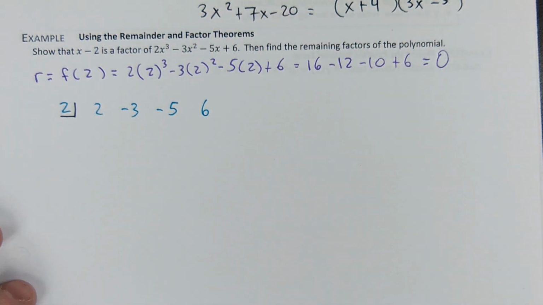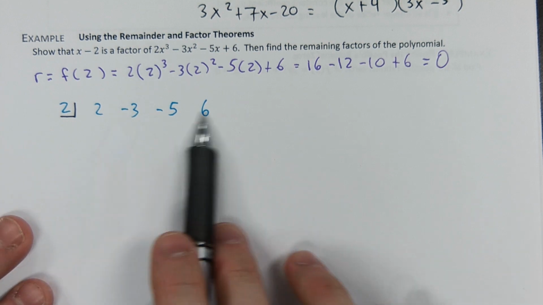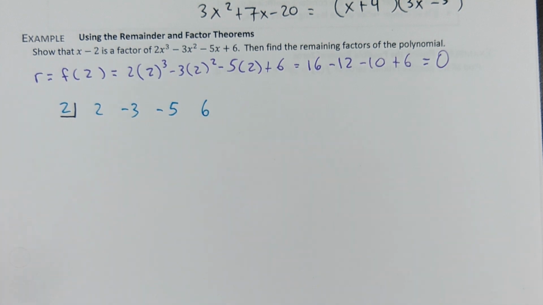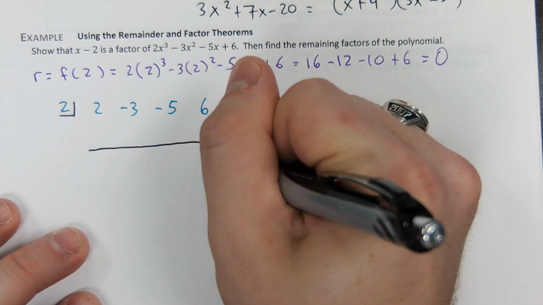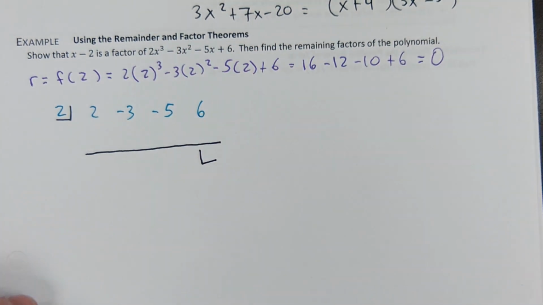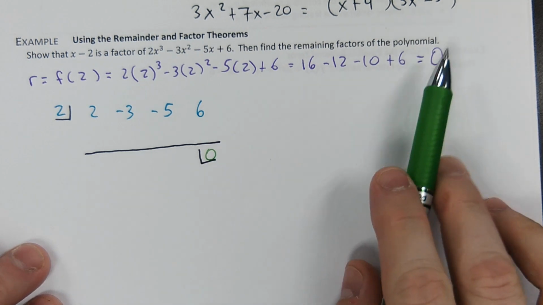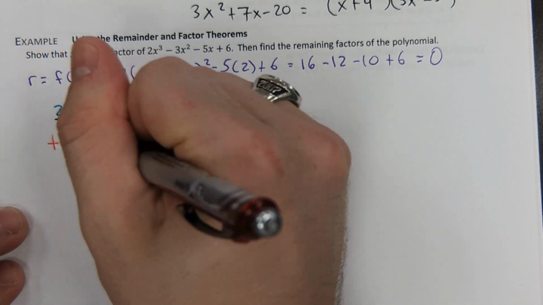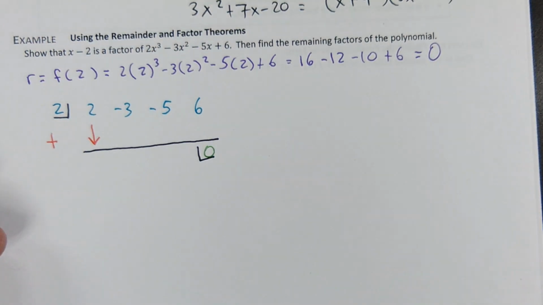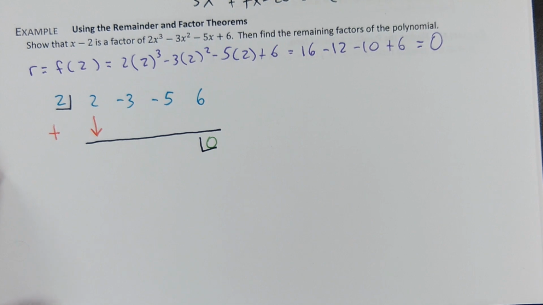Remember, if there was a term missing, you would have held that term open with a 0. Okay? And we already know at the end of our synthetic division that our remainder will be 0. We just showed that. Writing this plus sign and drawing this arrow are never required. I'm only doing it to remind you how synthetic division works.